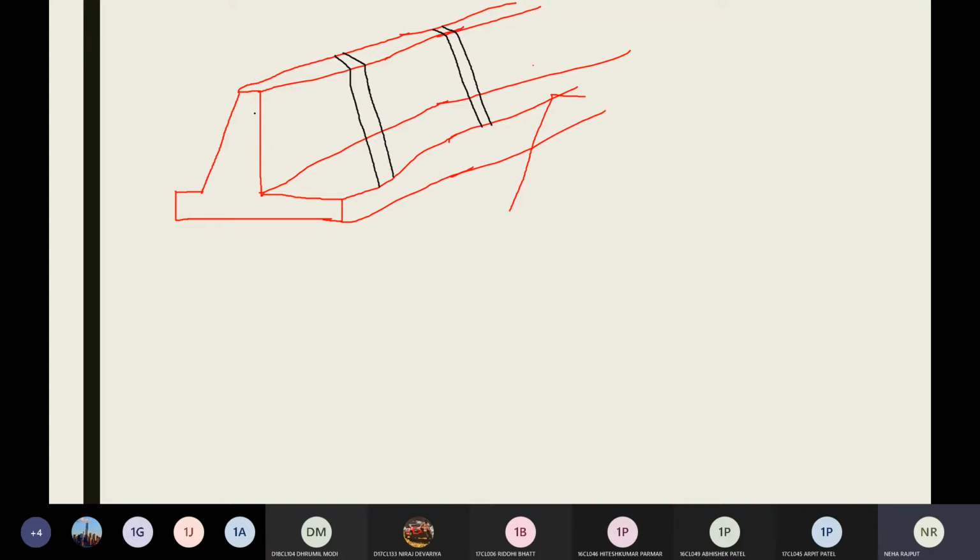Right, and loads are acting. Loads are acting like lateral pressure. Here are the backfill, and due to backfill, loads are acting, and this will behave like this, as I explained in last lecture.